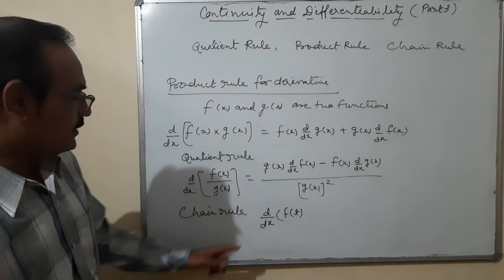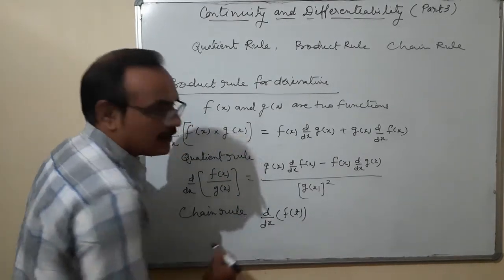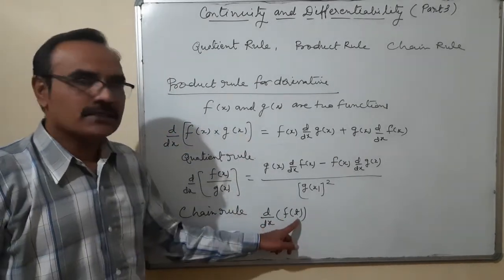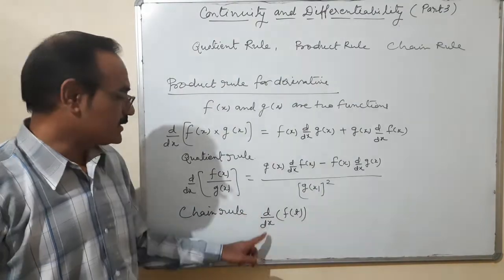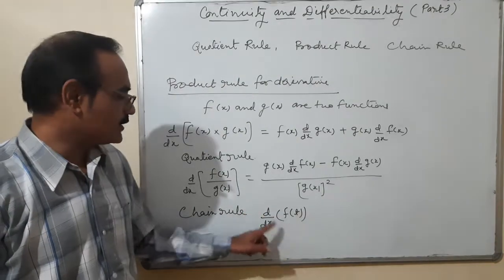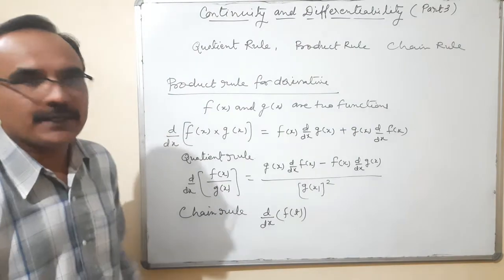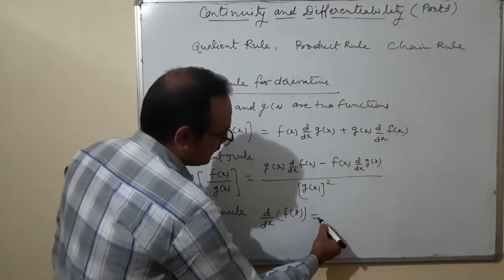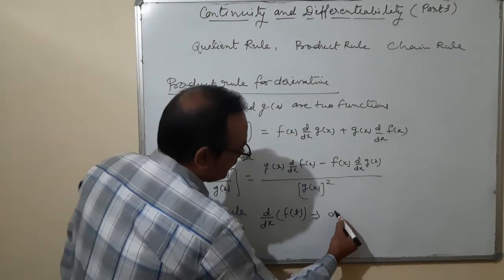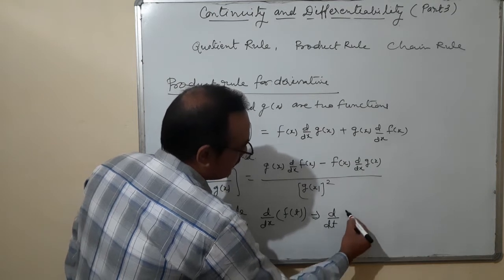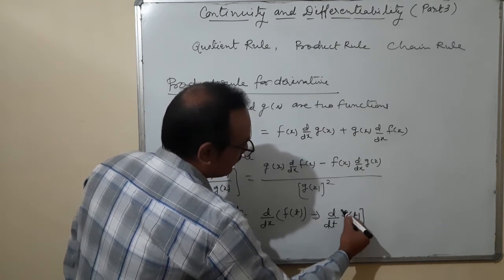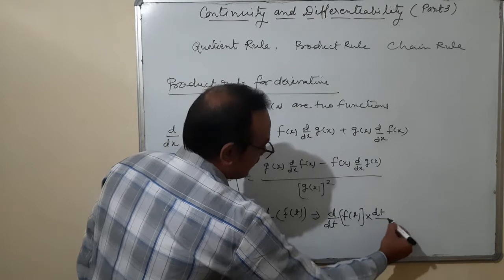That means here the variable is in terms of t. And we are going to differentiate the term with respect to x. Then what should be done? First I'll write here dy by dt, differentiation of t, and multiplied by dt by dx.